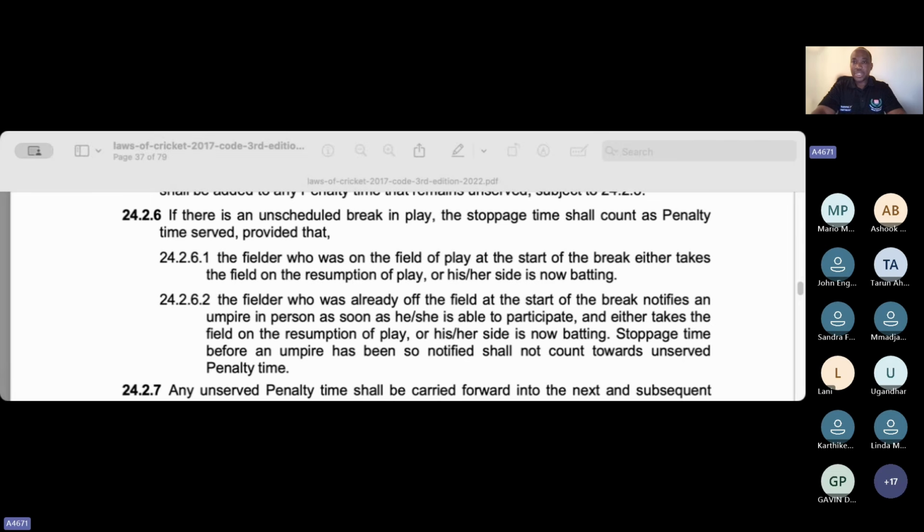Question from SM. A striker plays the ball towards the covers, tries to run, but seeing the fielder grabbing the ball, decides against it and returns to his end. The cover fielder now throws the ball towards the striker's end with the striker standing outside the popping crease, but with his bat held in hand, grounded well behind the popping crease.